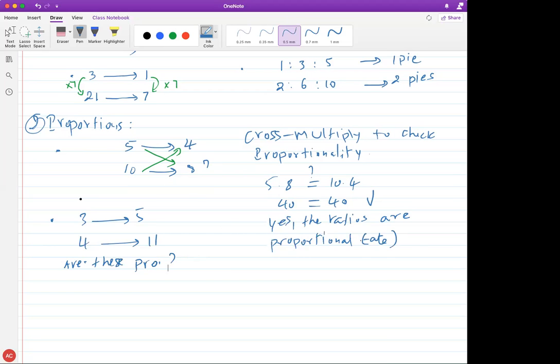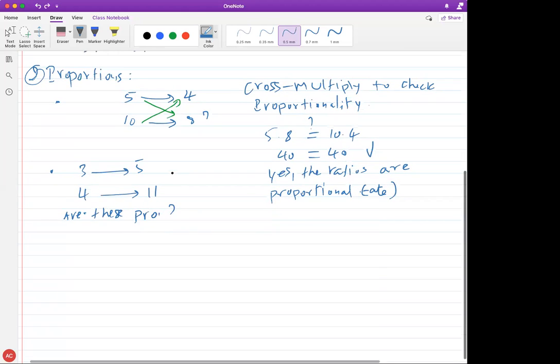Are these proportional? So again, just cross multiply them. 3 times 11, and is it equal to 4 times 5? That's 33. This is 20. So obviously these are not equal.